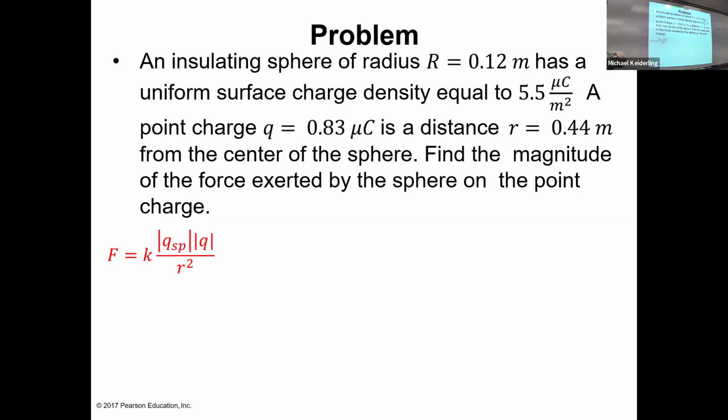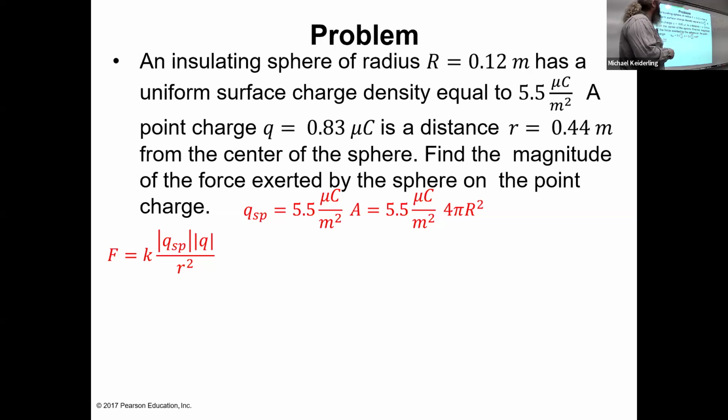So we start. Coulomb's law is going to be K times the charge of the sphere times the charge of the point over that radius, little r squared. But the charge of the sphere is going to be 5.5 microcoulombs per square meter times the surface area of the sphere.